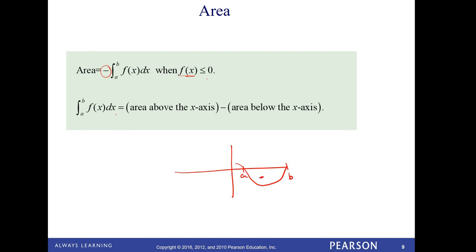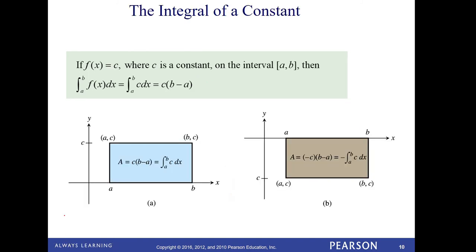The integral from a to b is the area above the x-axis minus the area below the x-axis. So here's a pictorial here. If f of x is a constant, then the integral is just c times b minus a. And there's one above, there's one below.